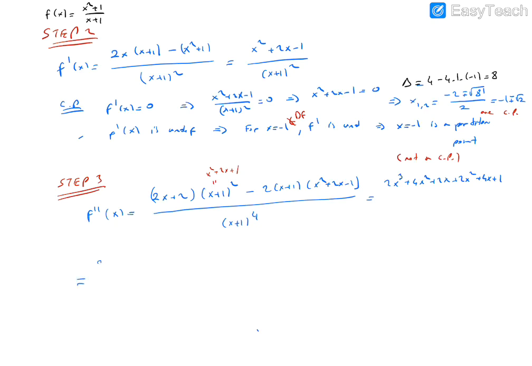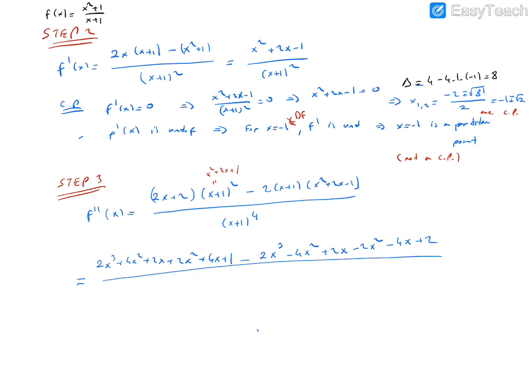Okay, let's write here 2x cubed plus 4x squared plus 2x plus 2x squared plus 4x plus 1 minus 2x times x squared, 2x to the power 3, minus 2x, minus 4x squared, plus 2x, and we multiply minus 2x squared, minus 4x, plus 2, over x plus 1 to the power 4.